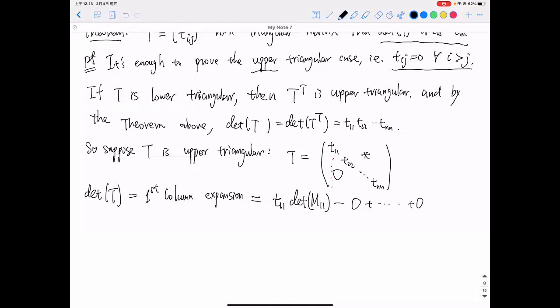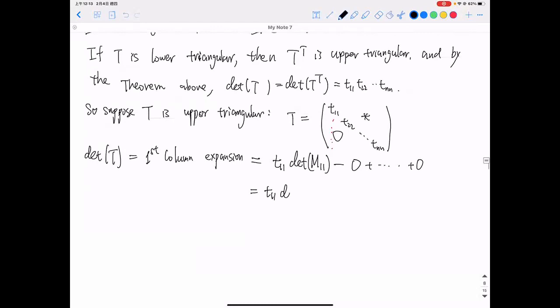So it really is just T11 times the determinant of this new matrix. The matrix looks like this: T22, T33, down to Tnn, some stuff up here, 0 down here.